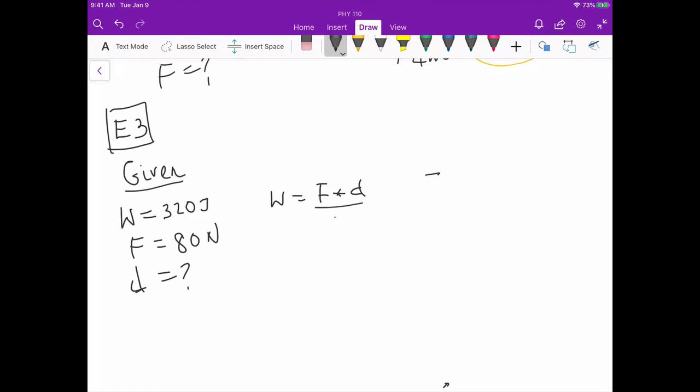Now we want to isolate the distance, so you need to divide both sides by force. So distance is equal to 320 joules divided by 80 Newton. Then the Newton part will cancel out with the joule, and we'll have 4 meters.